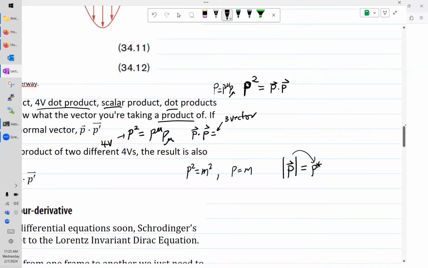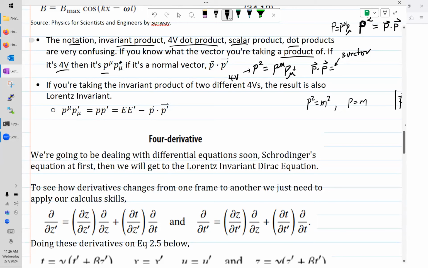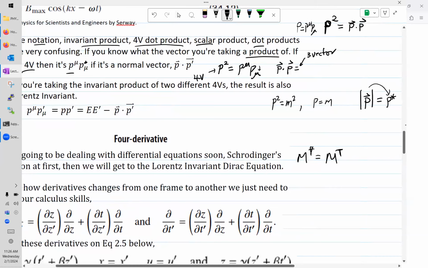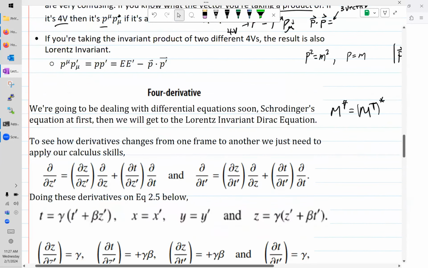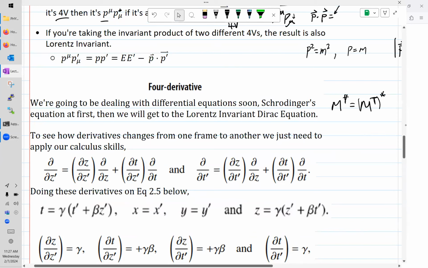So whenever you have to product two things together, you always have to do a transpose anyway. That symbology is like some matrix dagger. That's the same thing as doing a transpose and a complex conjugate on that particular tensor, matrix, vector, whatever you want to call it. Okay, thank you.